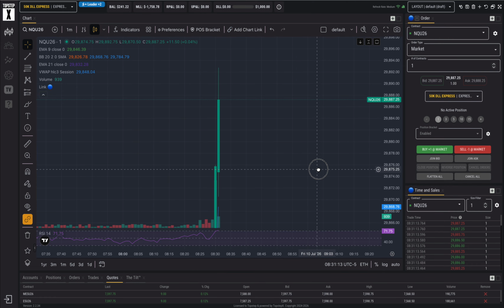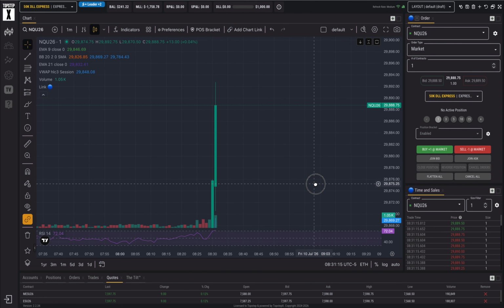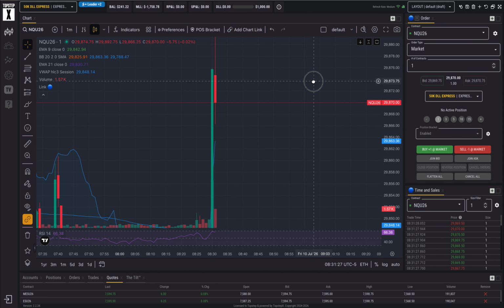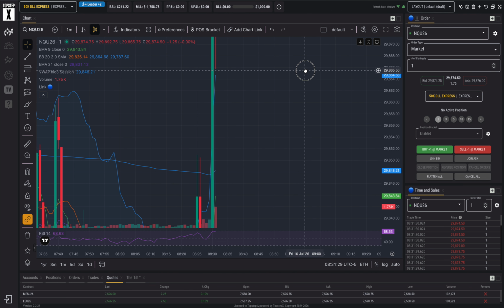Momentum looks like it's positive for the green. Probably, honestly, just see how this candle closes. If this candle closes green, for me, that's confirmation, with what I look for in accordance to the VWAP and the EMAs.